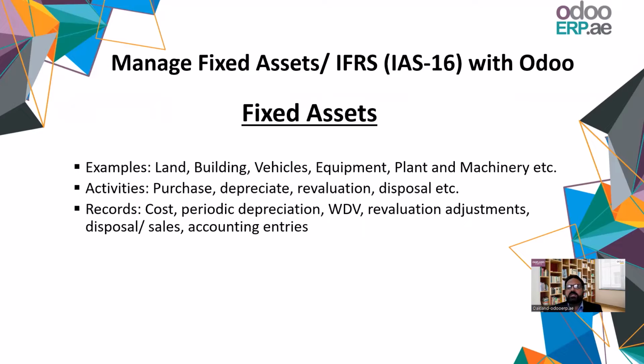To manage all these activities, we have to keep certain records, especially in business. These records are related to the cost, any periodic depreciation, WDV, revaluations, adjustments, disposal or sales, and related accounting entries.